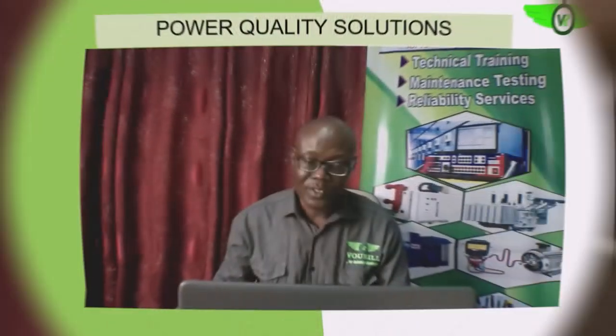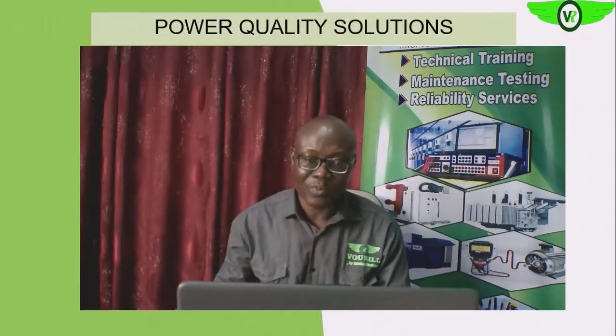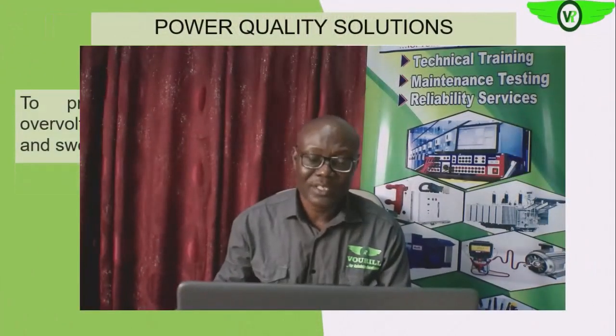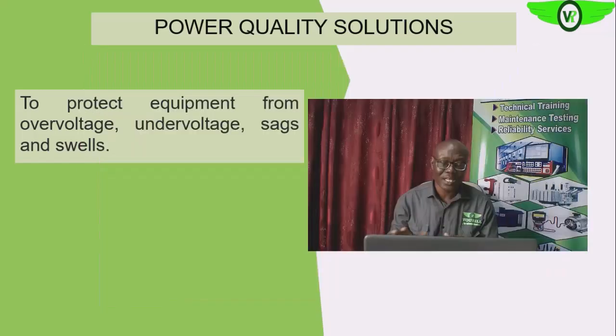So there are a few solutions to the power quality problems that we have. The most notable, which is the under voltage and the sags, that is voltage fluctuations, all those unwanted voltage events. How can we guard against, or protect our system against such voltage fluctuations? Are we getting it?